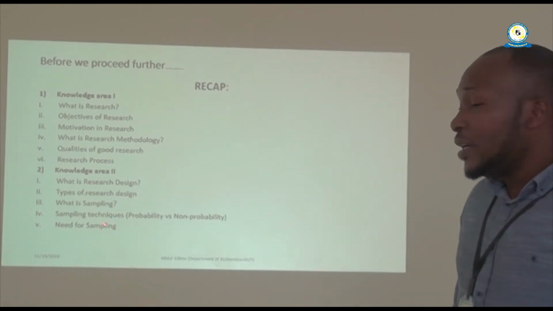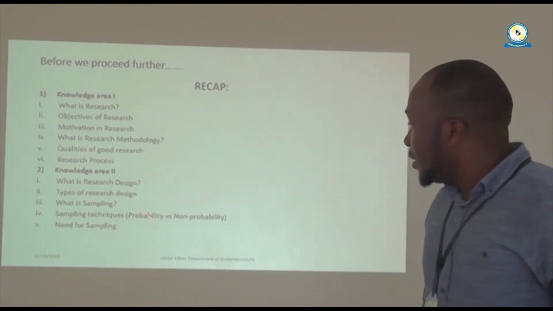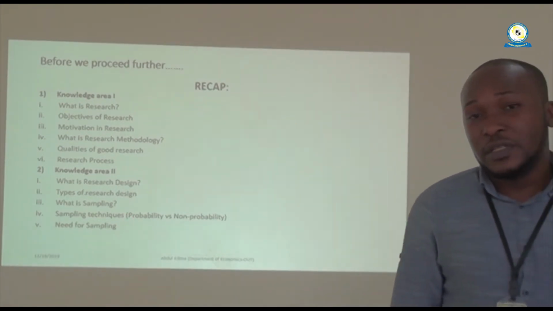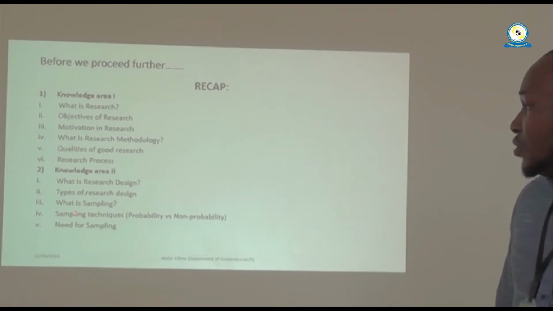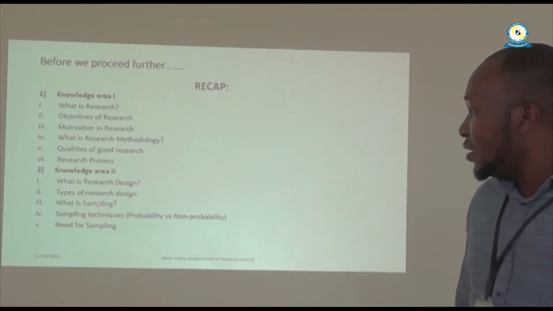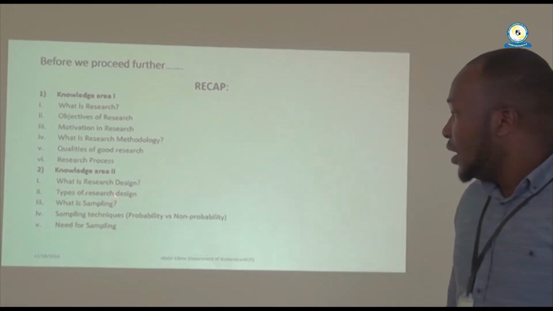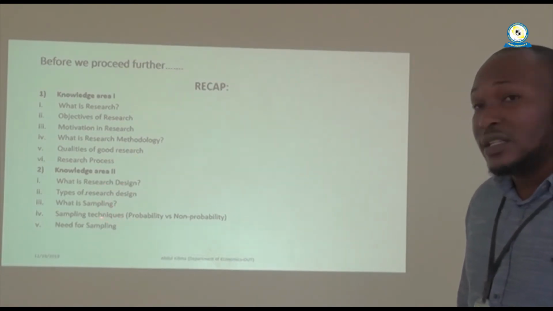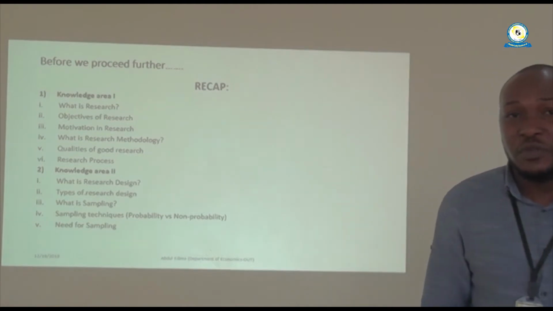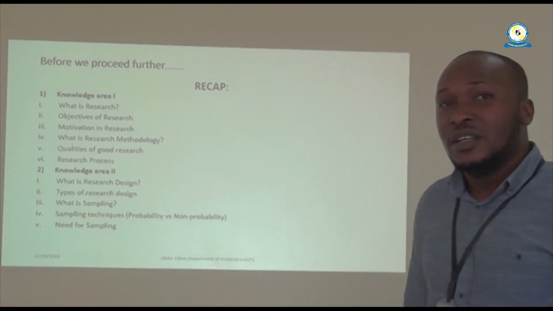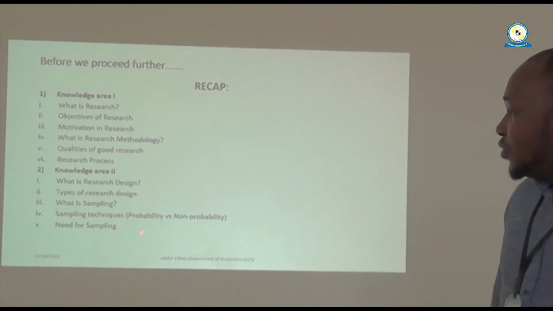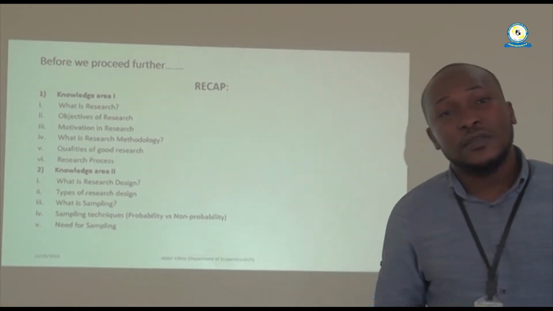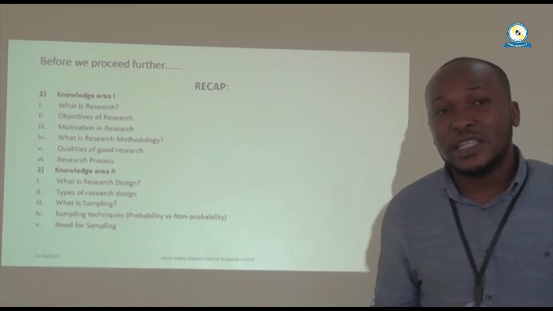Another type of probability sampling we said was stratified random sampling. Sometimes you want to go and collect information, and a society has heterogeneous characteristics. They are not all the same. Maybe you want to do a study at the university. At the university we have groups of students: males, females, and we have colleges.